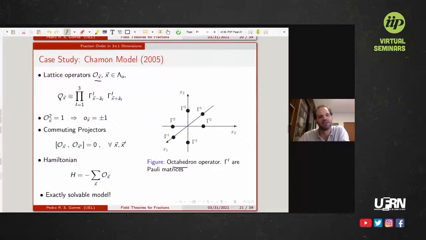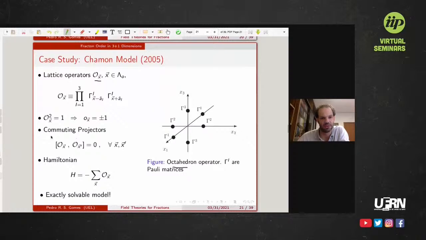And these octahedron operators have some important properties. The first one is this one: if you square the operator, you get the identity. And this means that the eigenvalues are plus or minus 1. Another important property is that all these operators are simultaneously commuting.